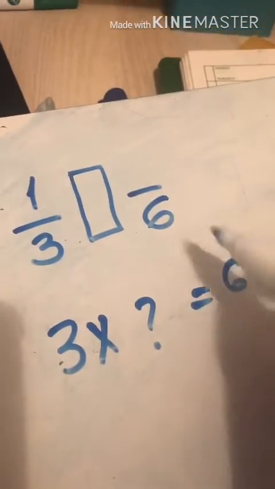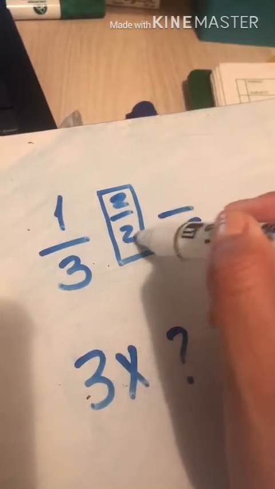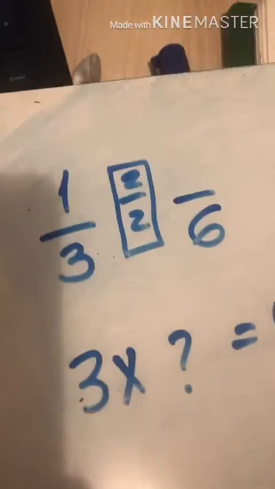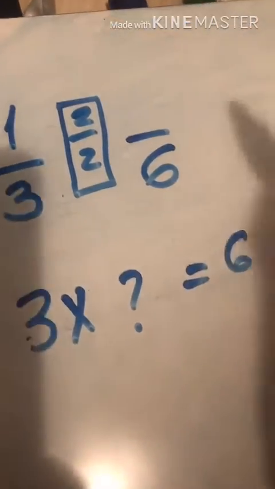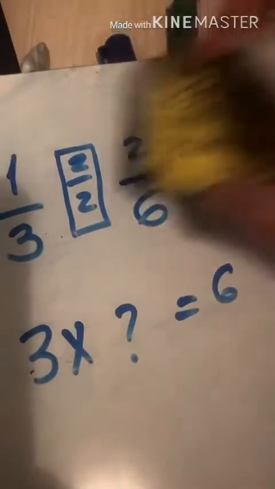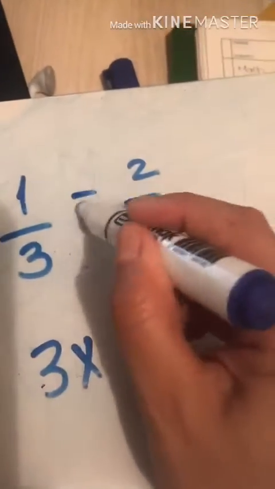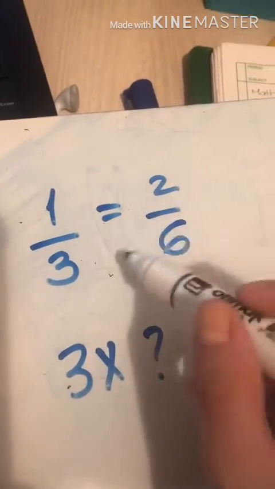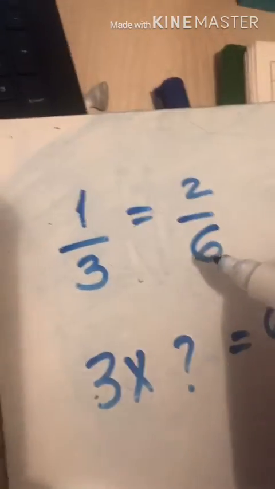The answer is 2, right? So remember the explanation I gave you in the video yesterday: 1 times 2 equals 2, and 3 times 2 equals 6. If we erase whatever is in the middle, we can say that 1/3 is the same as 2/6.